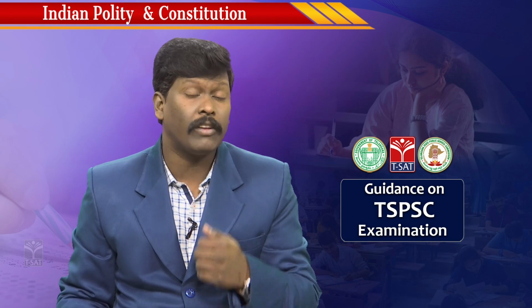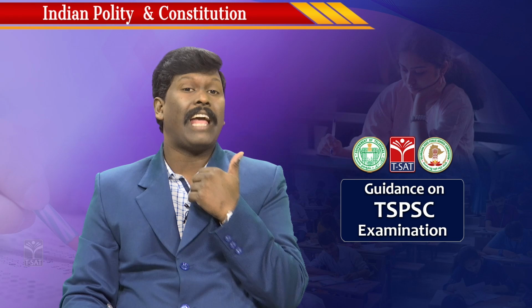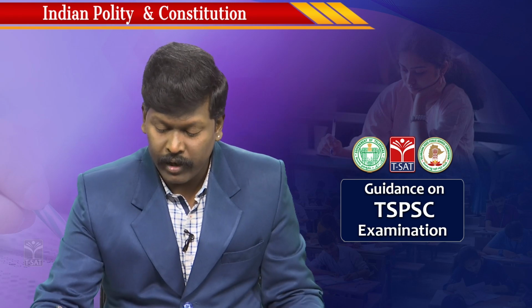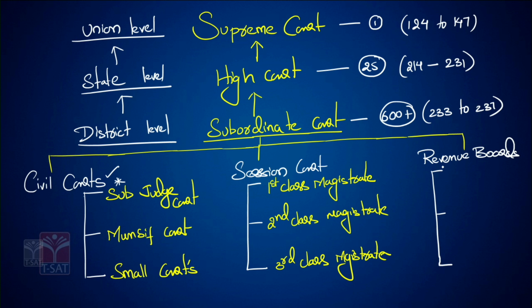The revenue boards, which are linked to tax related matters, are also divided into 3 types. The first one is the commissionerate court. The second one is the collectorate court.